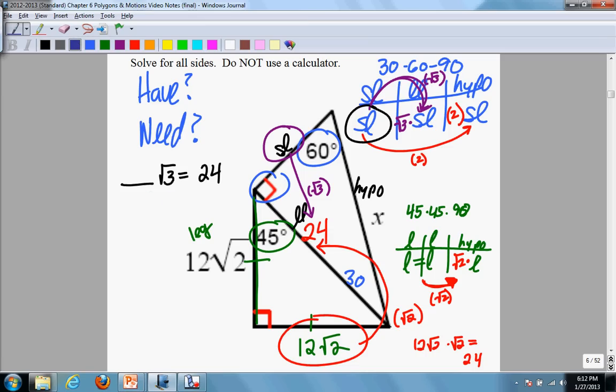So, of course, we need to get 3 here. So the first thing we need is a root 3, because root 3 times root 3 is 3. Now ask yourself, what times 3 is 24? The answer is 8. So our something is going to be 8 square root of 3. That's our short leg.